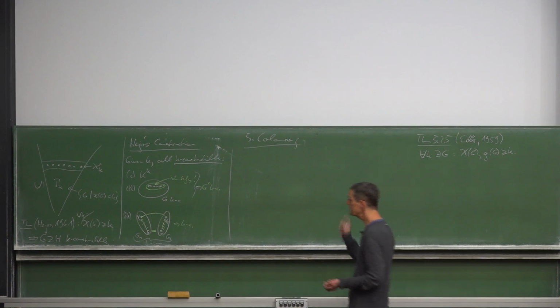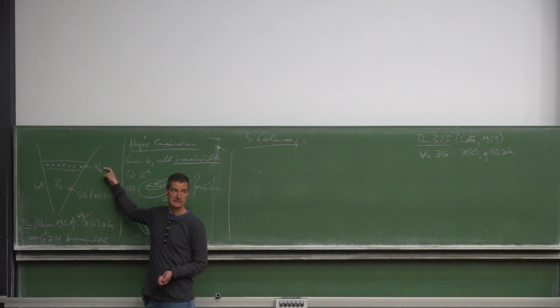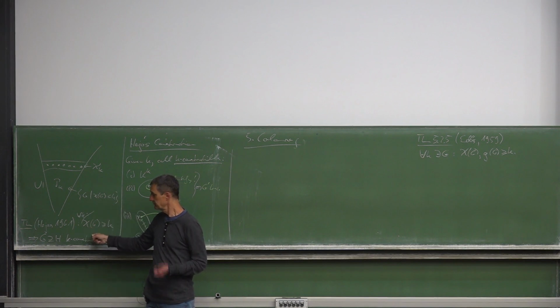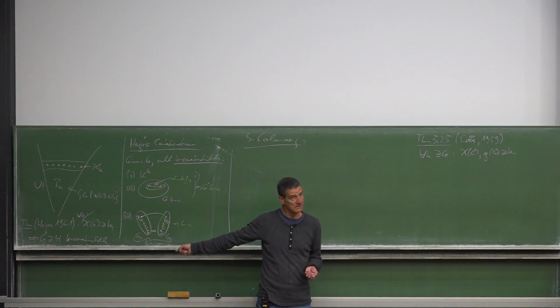Right? So I'm not saying that we've found this set that has the same property, that every graph that needs at least k colors contains a subgraph in here. And we're now proving that every graph that needs at least k colors has a subgraph that can be constructed in this way.